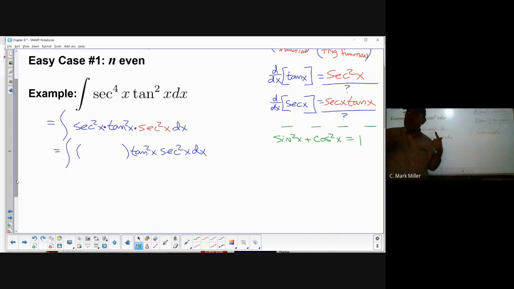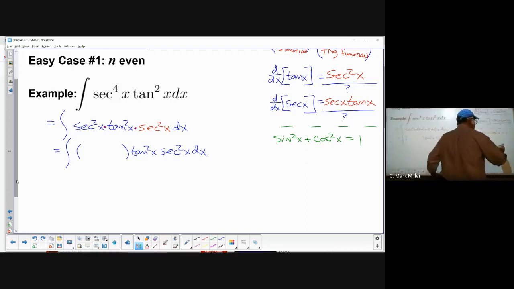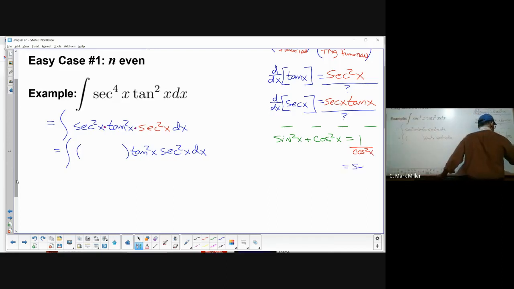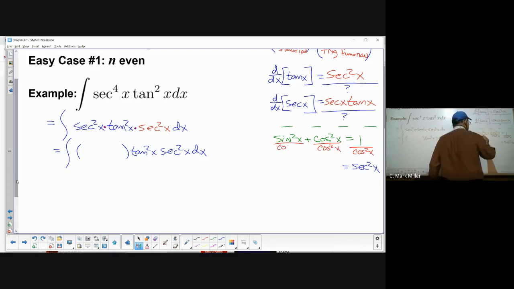That's 1 over cosine squared, which of course you know, right? So I'm going to divide by cosine squared, and that makes secant squared over there. If I divide one side by cosine squared, I divide the other side by cosine squared.